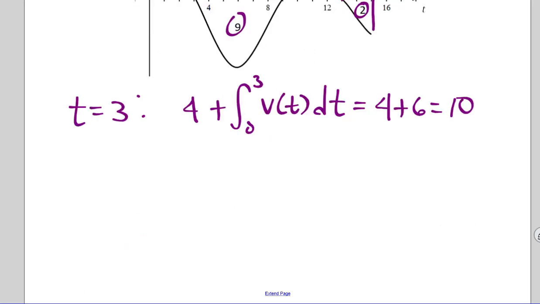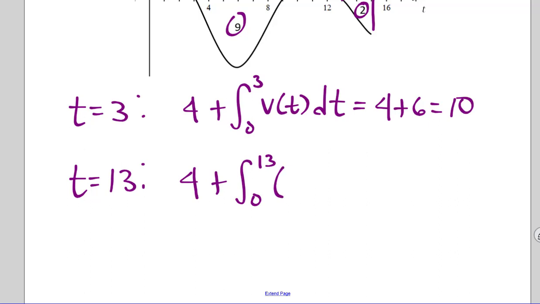Well now, let's see where it is at t equals 13. We're just looking at the displacement. That's what really matters, so I'm not doing absolute value. So we're going to do 4 plus the integral from 0 to 13 of v of t dt.